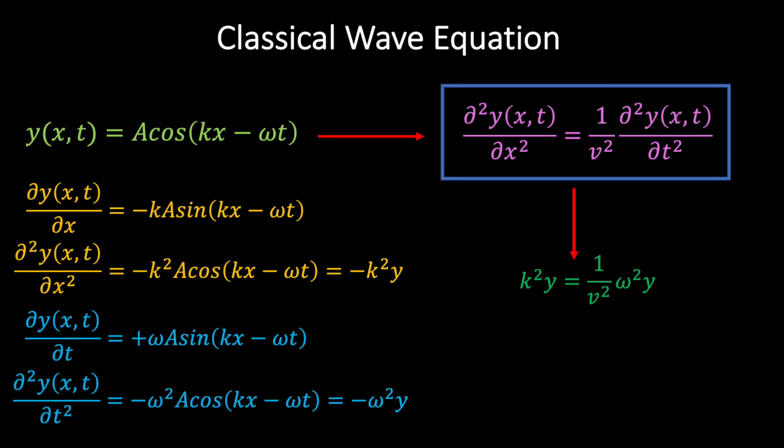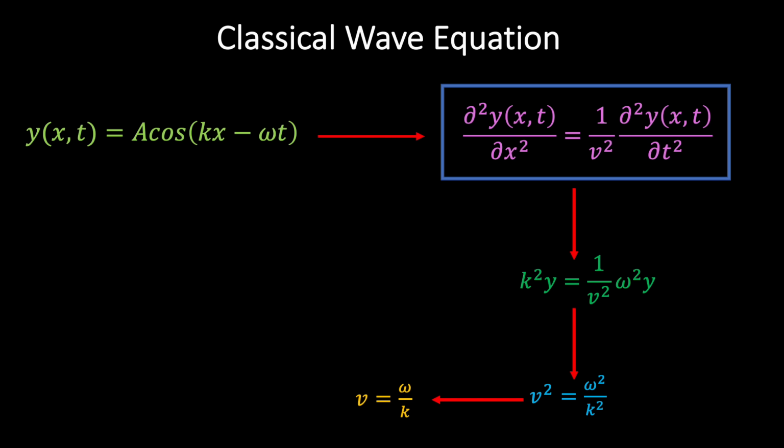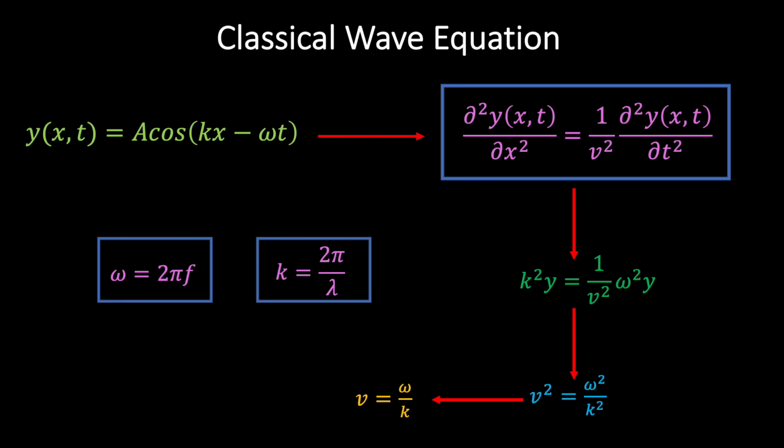If we then divide both sides by y, we find that v² equals ω² over k², and therefore we see that this displacement function is indeed a solution to the wave equation, provided that v equals ω over k. If we then substitute in the definitions of ω and k, we see that this constraint is none other than the famous velocity, frequency and wavelength relation v equals fλ.